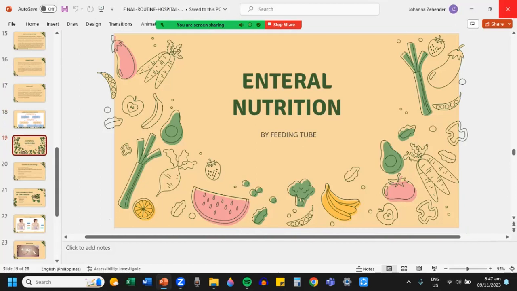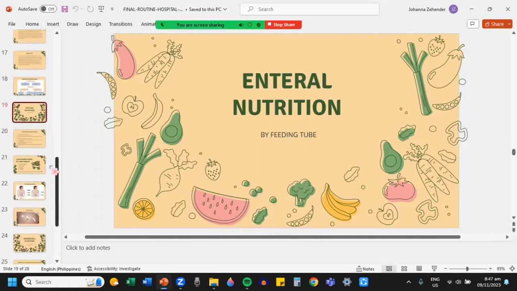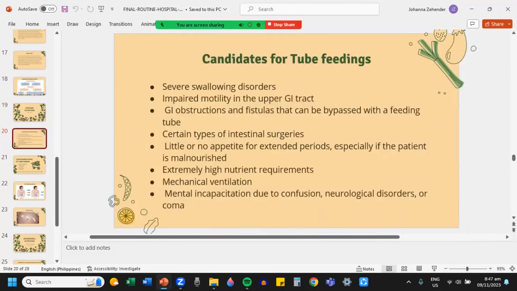Okay, so before I show you some videos on parenteral nutrition, let's go into enteral nutrition, or feeding with the use of a tube, or feeding tube. Okay, so we have the following candidates for tube feeding.